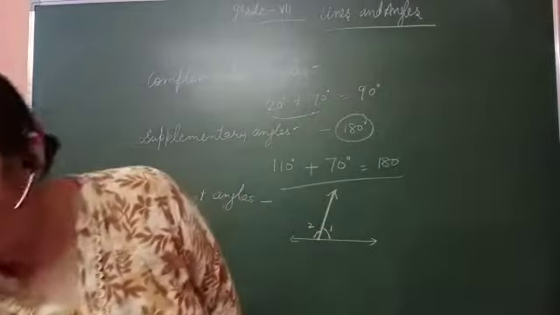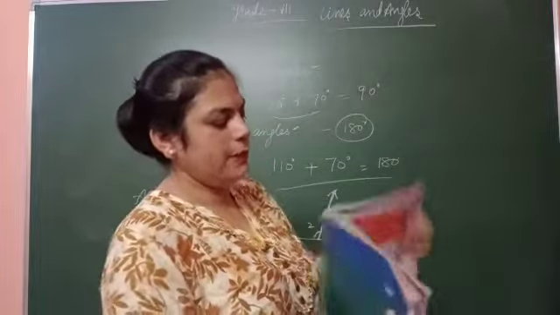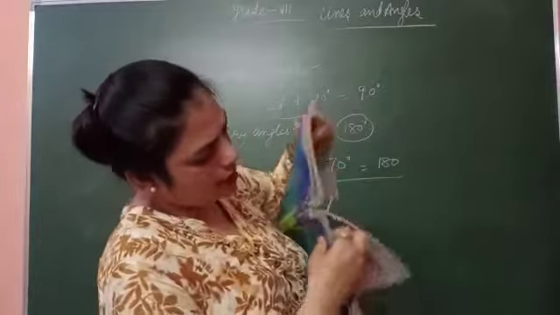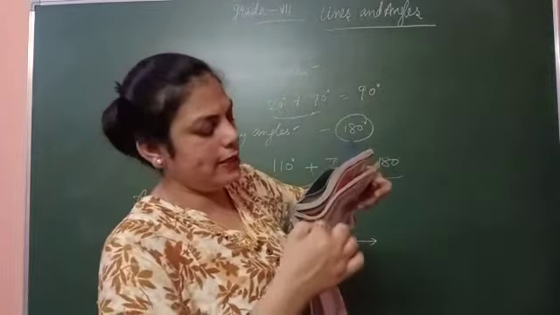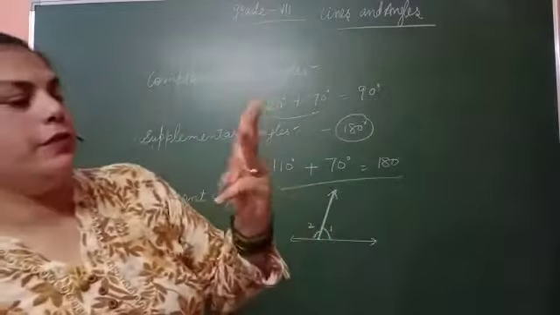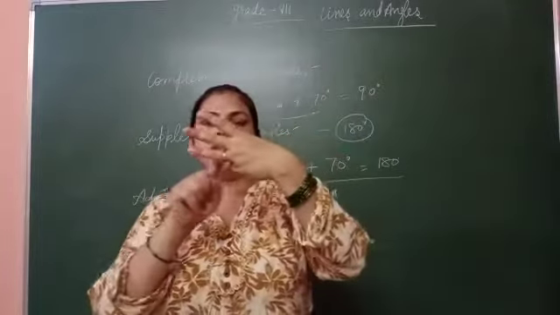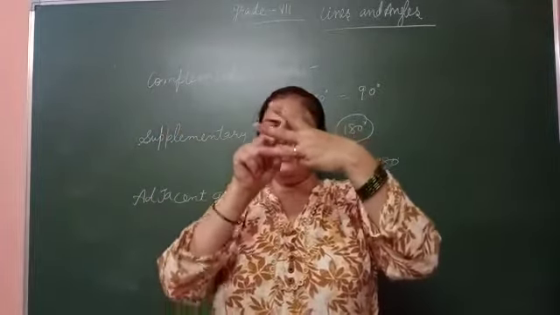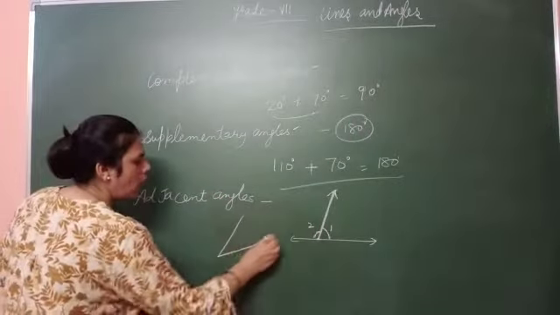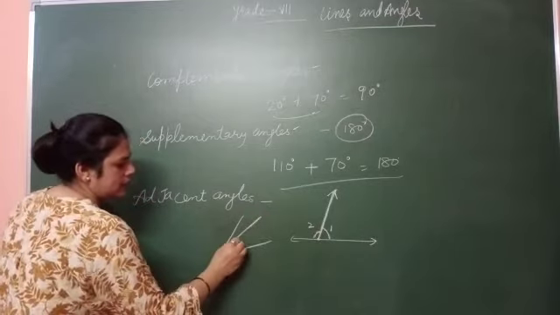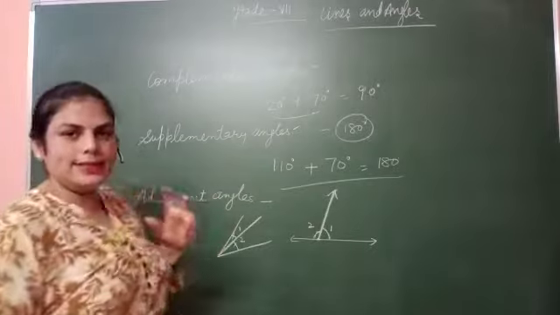Like in your book, you have two pages like this; these are called adjacent angles. If three fingers meet at one point, these two angles are called adjacent angles, meaning they have one common arm. Like this, these have one common arm, so 1 and 2 are called adjacent angles.